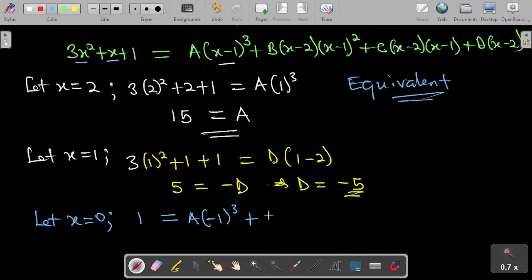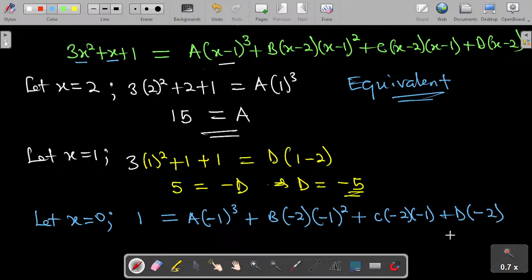Then plus B into 0 minus 2, which is minus 2, and then here again, 0 minus 1 is minus 1 squared. Then we go to C. C will become 0 minus 2, which is minus 2, and 0 minus 1 is minus 1. And finally, we go to D. D is going to become 0 minus 2, which is minus 2.